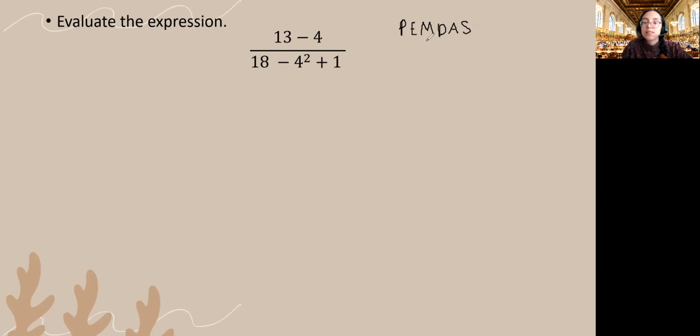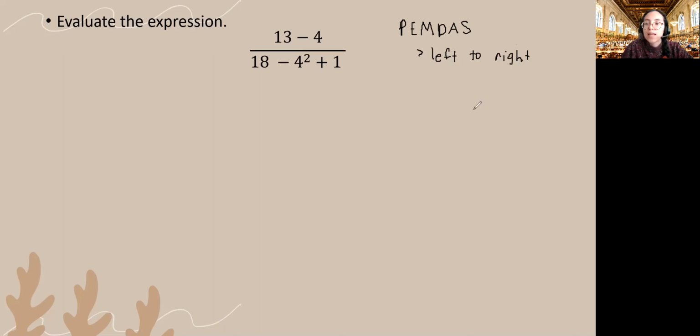And what did we say about multiplication and division and addition and subtraction? We said that they have the same priority. So when we encounter them, like we are in this problem, we will carry out the operations from left to right. Okay, so we're going to start at the left and we will work our way towards the right.